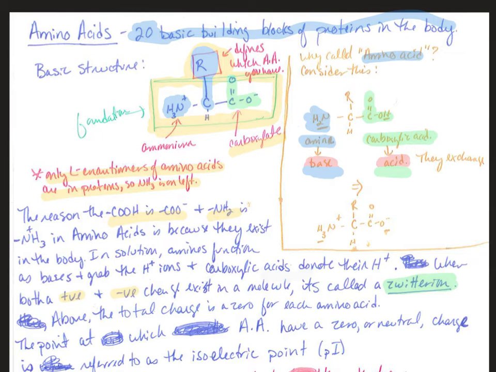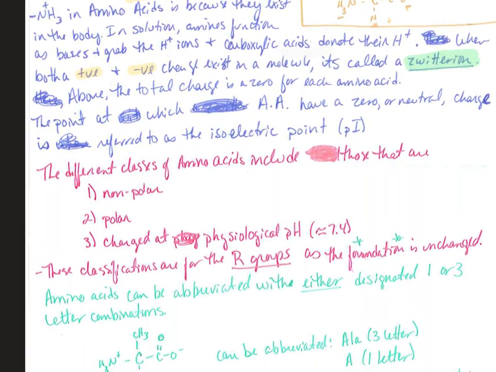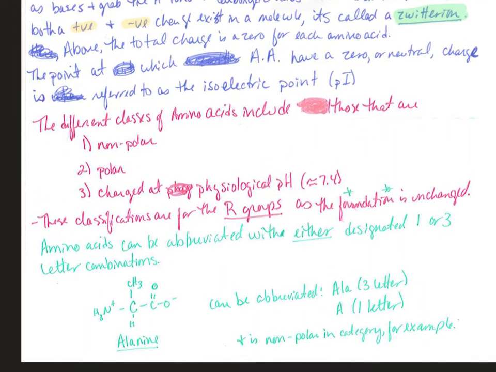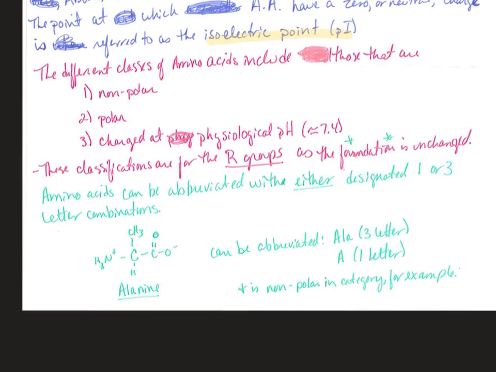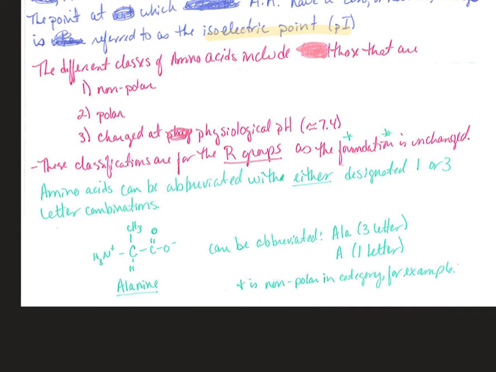That's the funnest word in the world to say, is Zwitter ion. It actually is a Zwitter, and then it has the term ion there because you have both positive and negative there in the same guy. It means that there's a total charge of 0 for each amino acid. The point at which the amino acid has a 0 charge is something we refer to as the isoelectric point, okay?